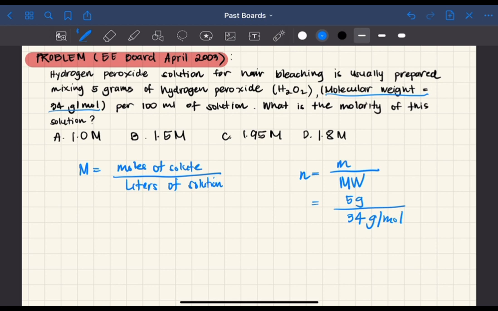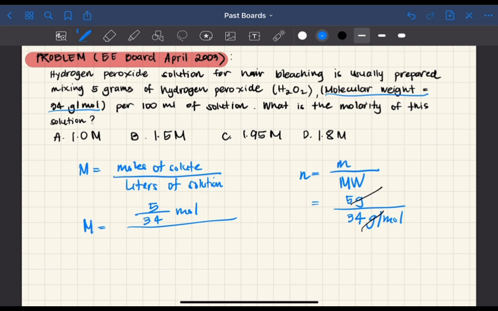So as you can see, the grams will cancel out, leaving us with the unit moles. So we can now calculate for the molarity. So molarity is equal to 5 over 34 moles divided by the liters of solution.